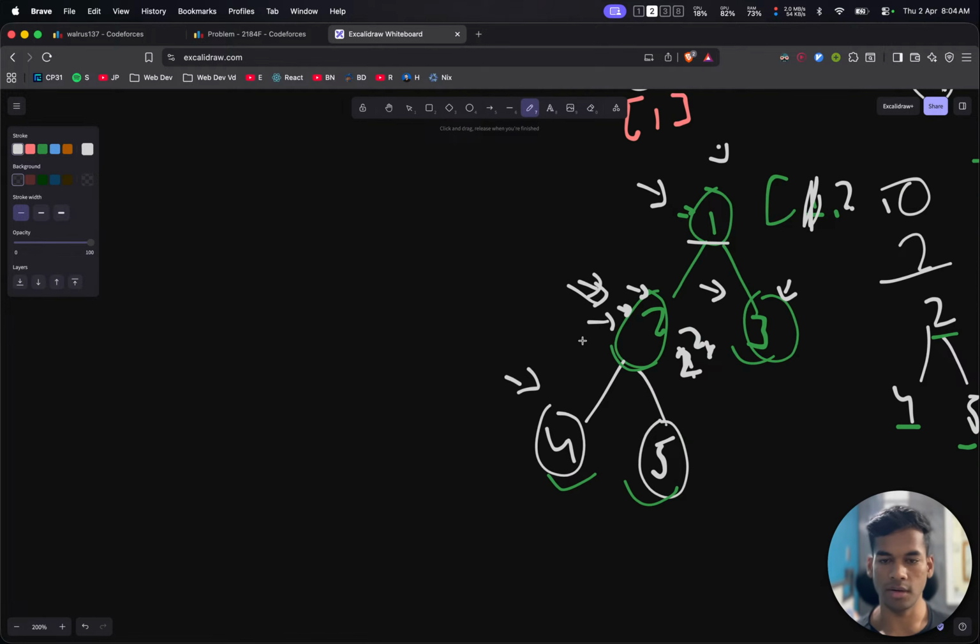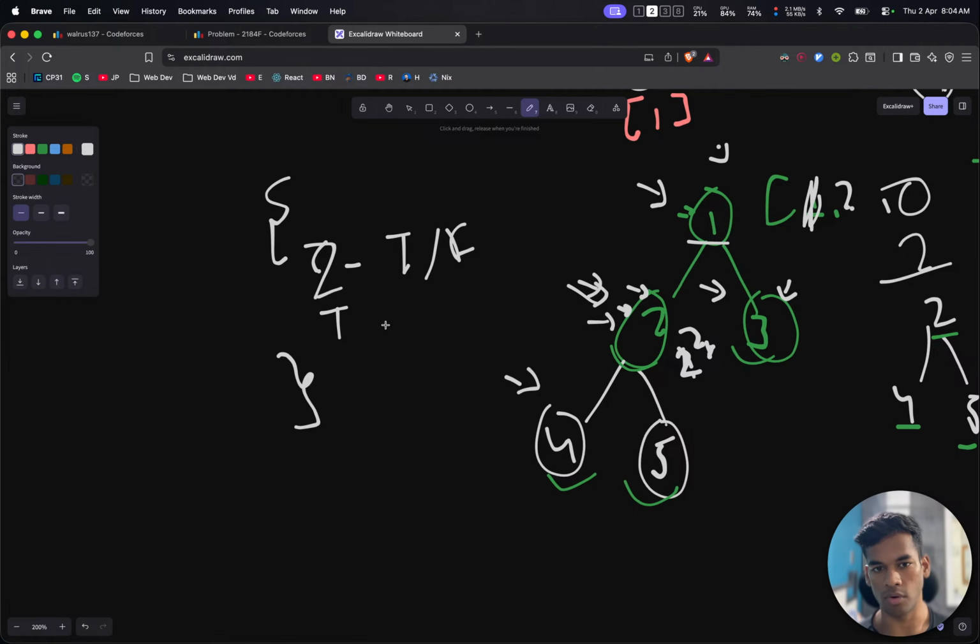So every node will also have another key value pair, let's say Z and T, which would be true or false.